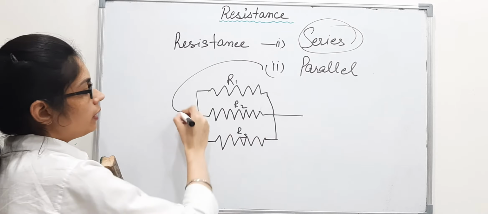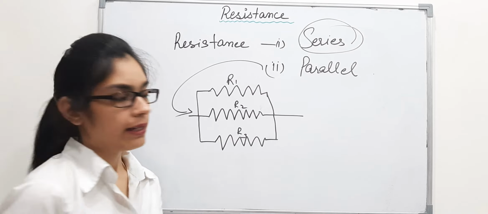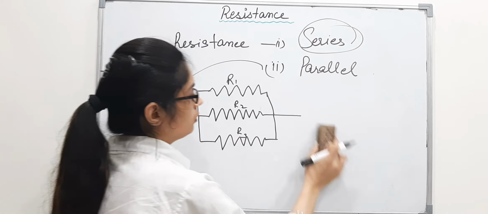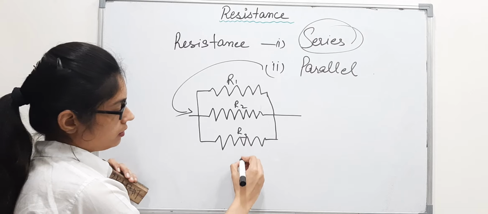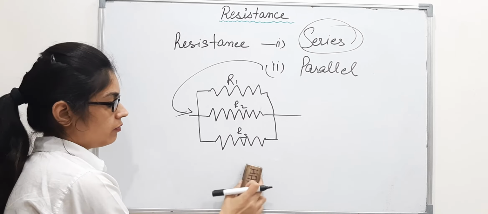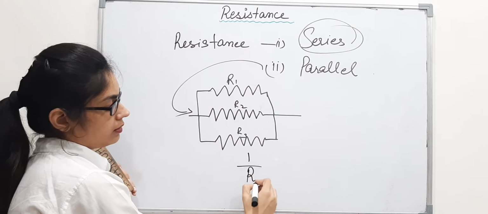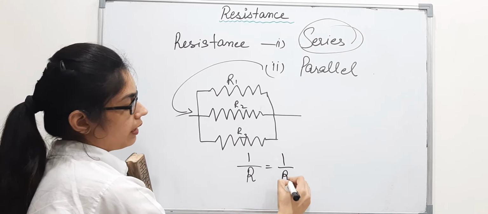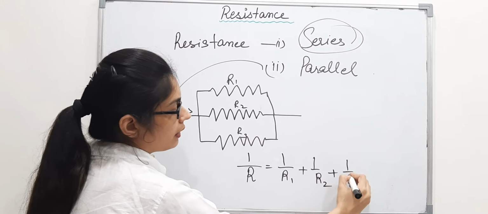It is said to be in parallel combination. You can see it's just like parallel lines like this. In case of parallel combination, we can find the equivalent or resultant resistance by using this formula: 1 upon R resultant is equal to 1 upon R1 plus 1 upon R2 plus 1 upon R3.